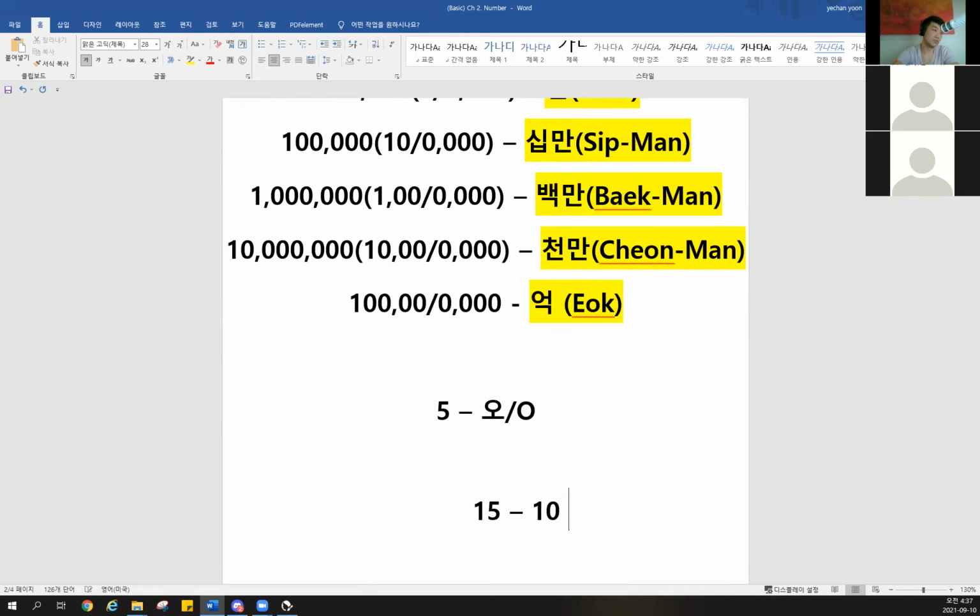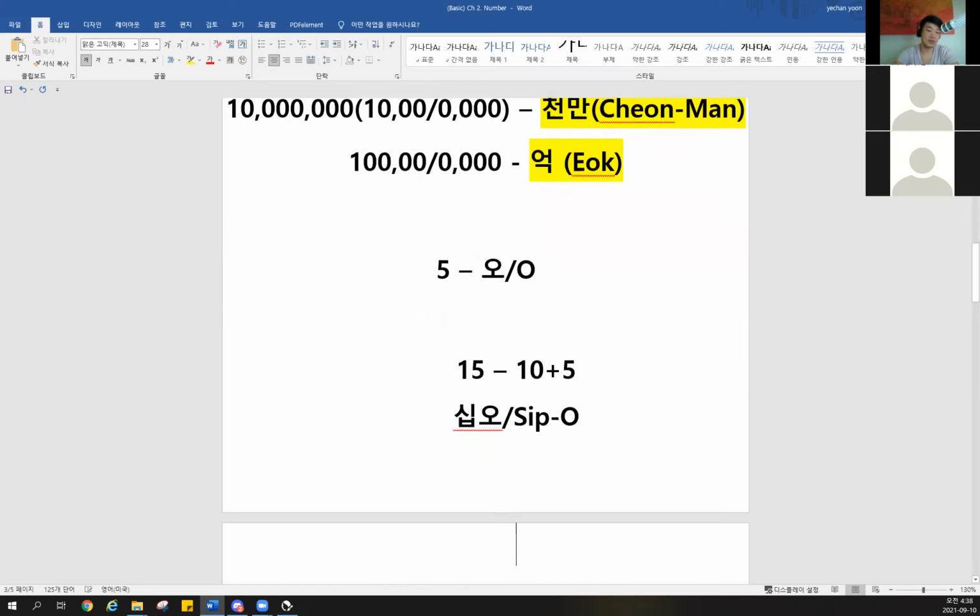So where's the 10? And then what is the 5? So it's going to be correct: 10, 5. This is the answer. Not that difficult, isn't it? You can just add it together.